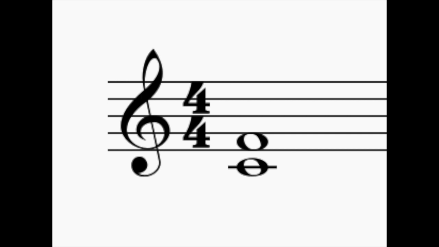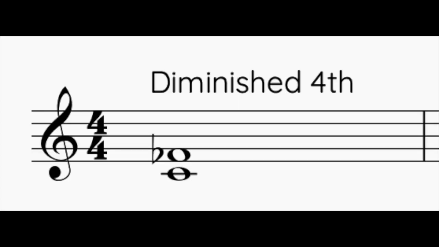And you're right. So we can do the same thing with our minor intervals, where we diminish them. This is called a diminished interval. So if I start with my perfect fourth, and I bring my fourth down a half step, I now have a diminished fourth.